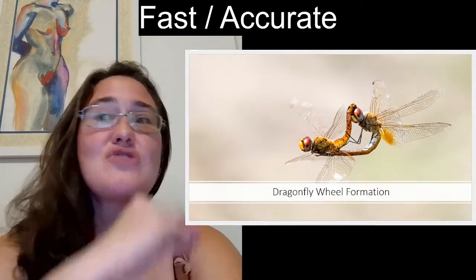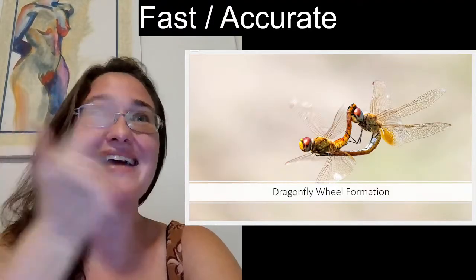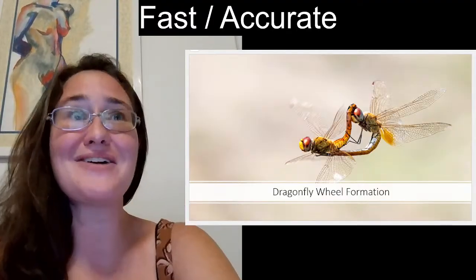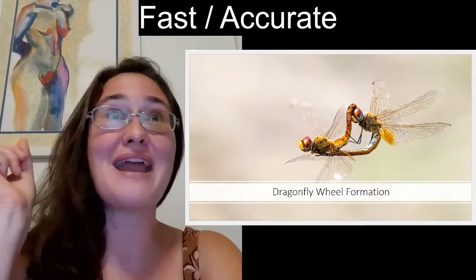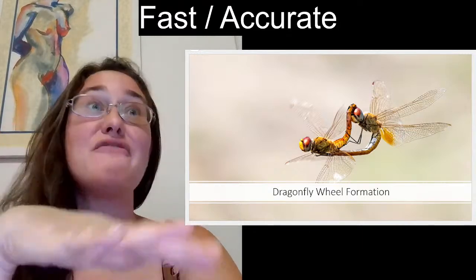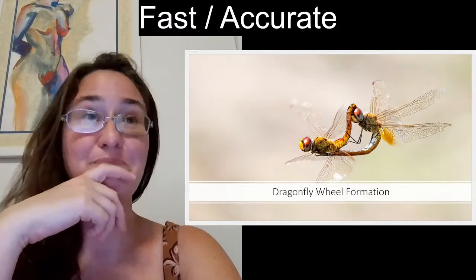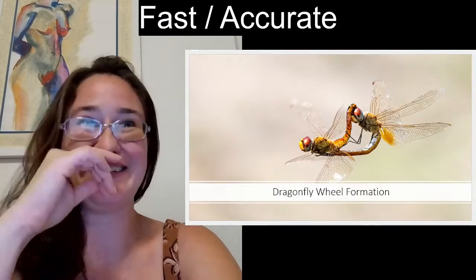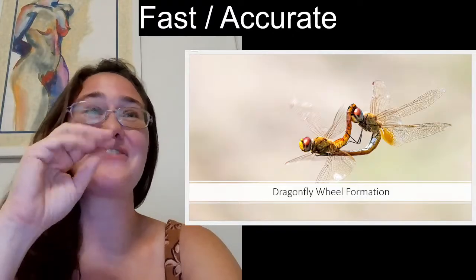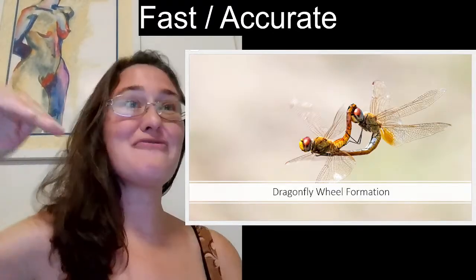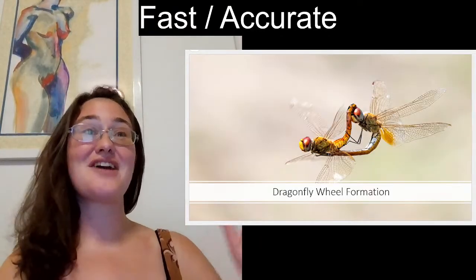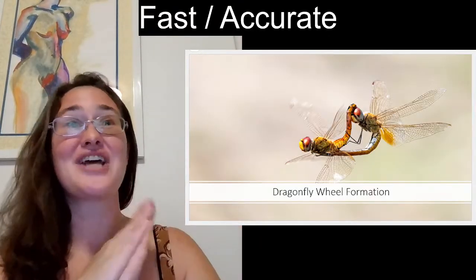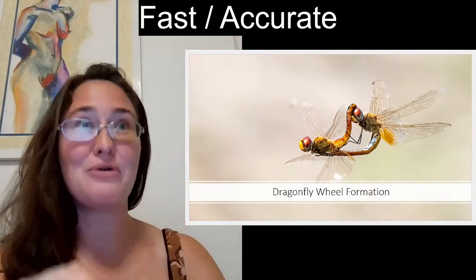And because dragonflies are both fast and accurate, when a male takes a female into someone else's territory, that other male is going to dive bomb them. All right? And because he is so fast and so accurate, he's going to dive bomb the other male with such speed that their heads are going to clash, and then they both die.